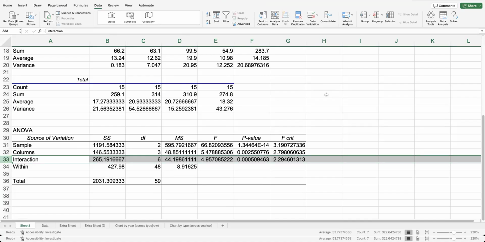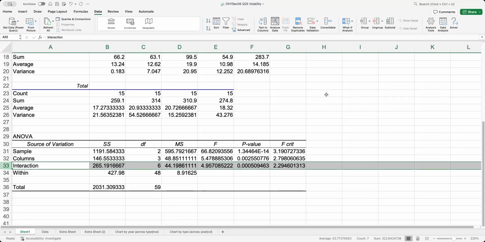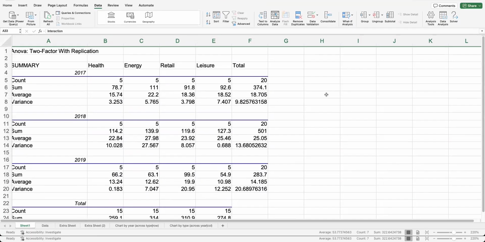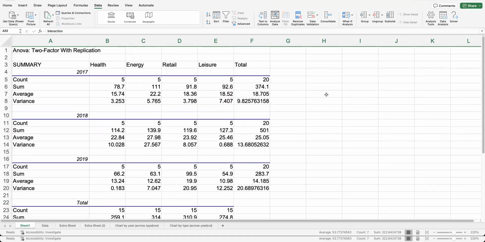There's something clearly interacting between year and portfolio type. Go together and say, oh, something's specifically unusual about one of these. I can then go back up here and start to say which one of these has the largest differential.